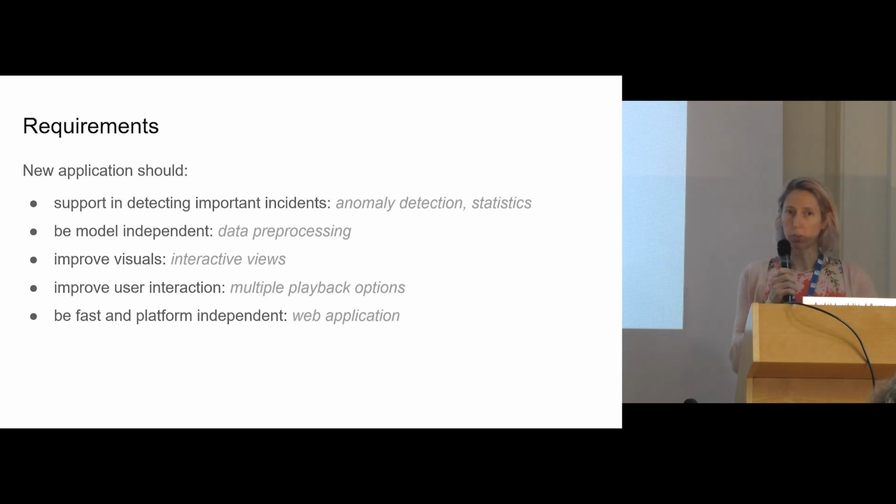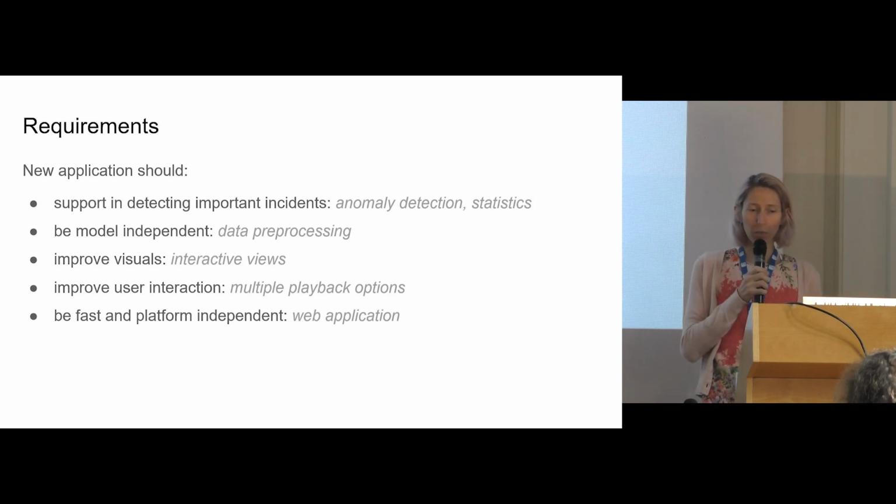You saw in the picture, it does not give a lot of information, so they want to extract more knowledge from the same space, basically. They also wanted more user interaction, so we provide multiple playback options. And all in all, the system should be platform independent, so we decided on a web application.